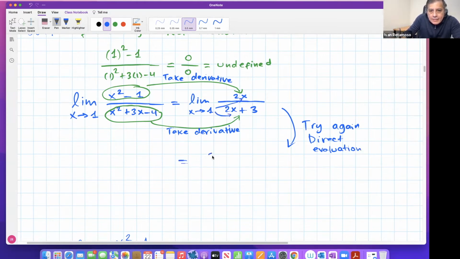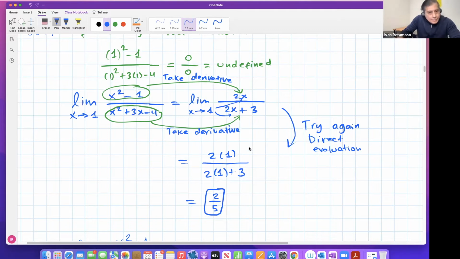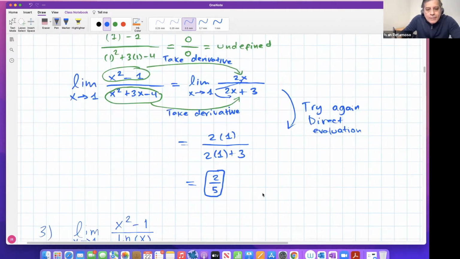Now this is going to be 2 times 1 over 2 times 1 plus 3. 2 over 2 plus 3, 5. 2/5, right? And this is the answer of that limit. This complicated limit using L'Hopital becomes easier, right?